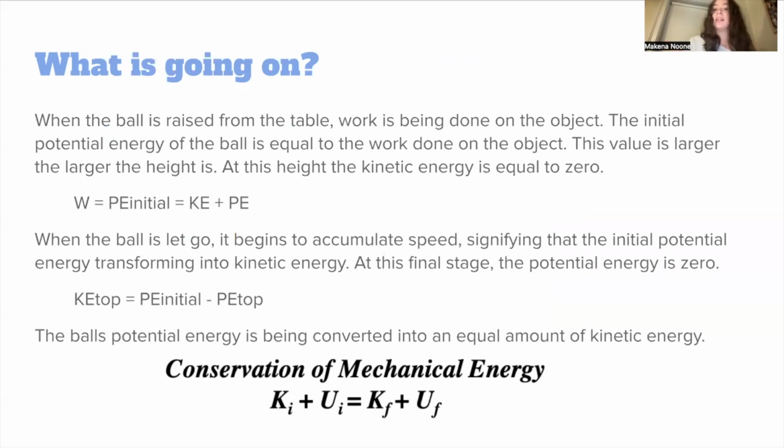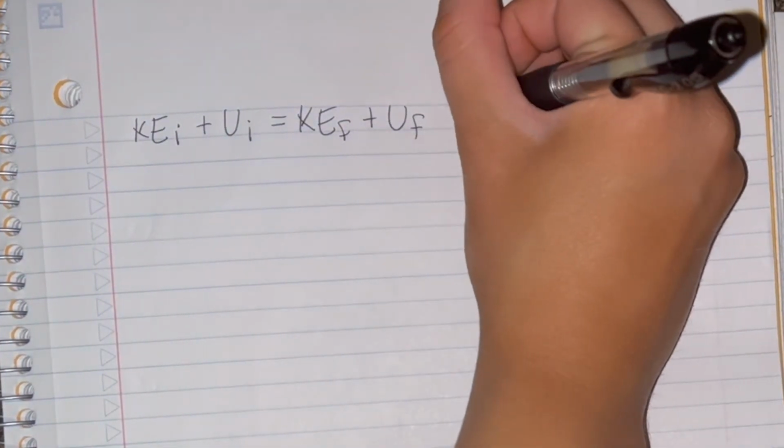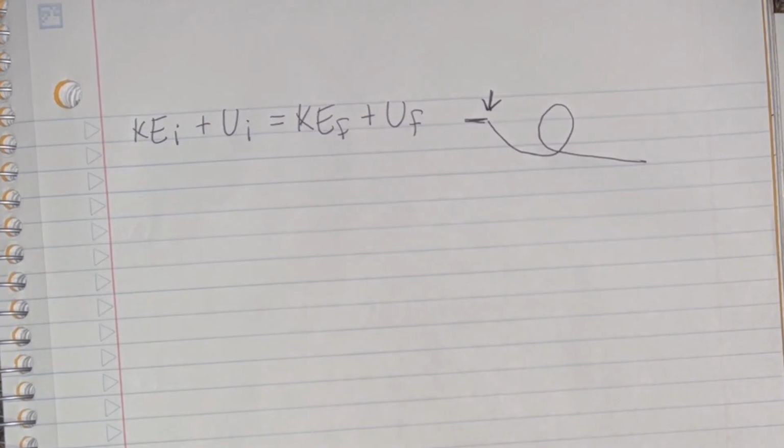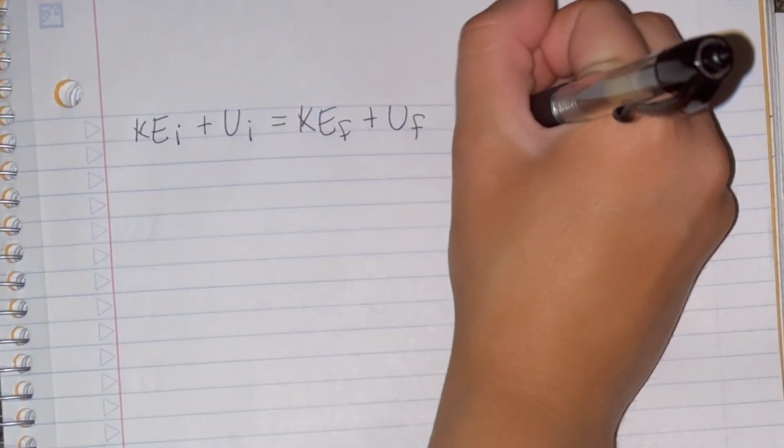This signifies that the initial potential energy is transformed into kinetic energy, as kinetic energy is the energy of motion. At this final stage, and by final stage, I mean the very top of the loop, this potential energy is 0 as it all has been transformed into kinetic energy and it is completely in motion. At this beginning initial point right here, there is no kinetic energy happening because the ball is stationary.